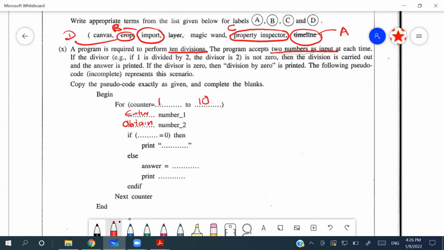Or else if you think the first number is the divisor, then you have to check the first number over here. Then when you are writing the answer, you have to say number underscore 2 divided by number underscore 1. You have the liberty to do that.